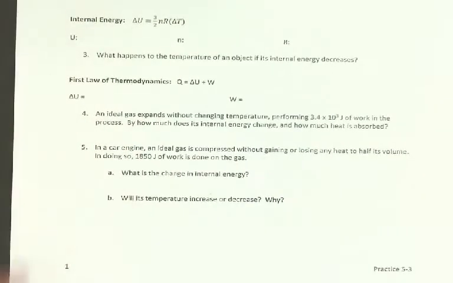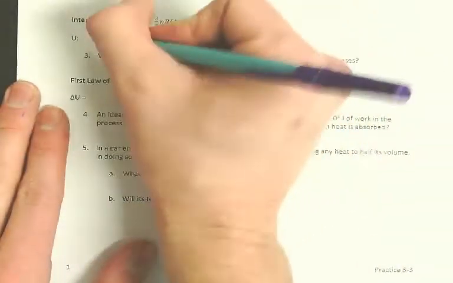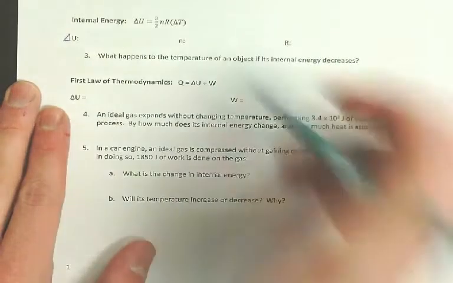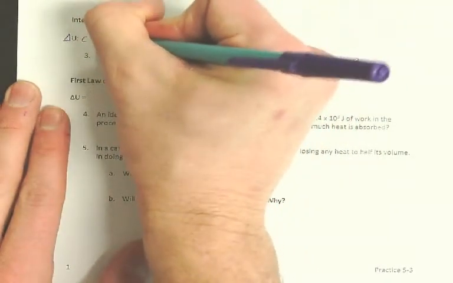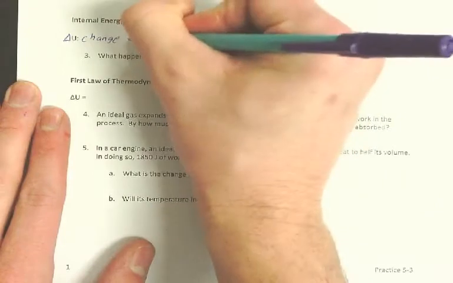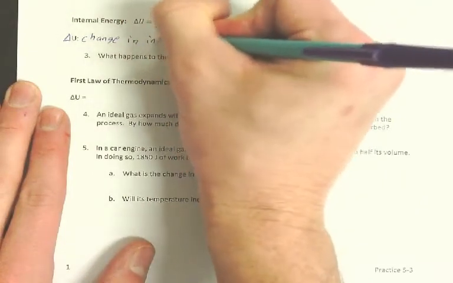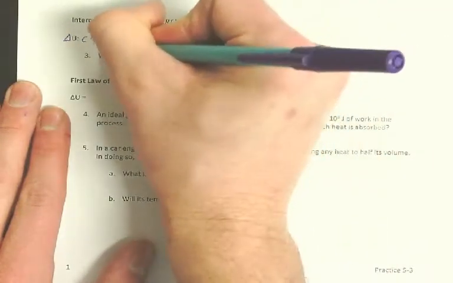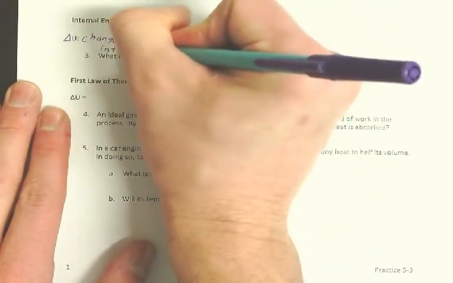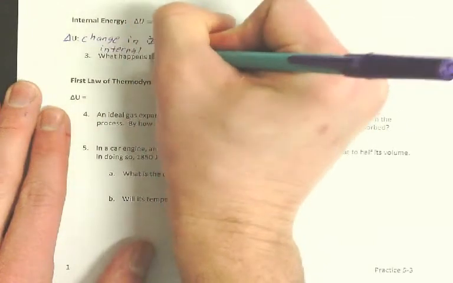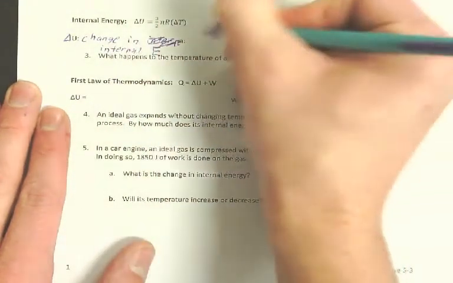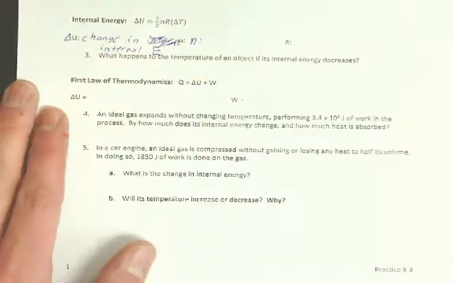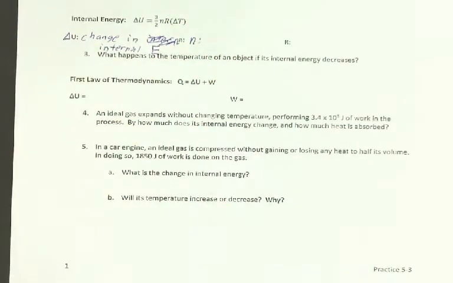So first of all, in the internal energy equation, so really it's delta U, so put the delta in front just so it doesn't confuse you. That's change in internal energy. Okay?